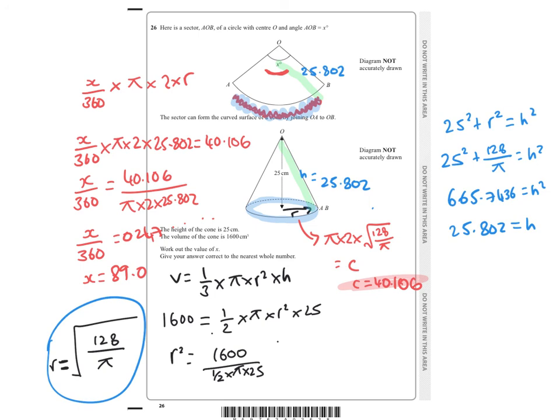Oh, look at that. You're completely right. If we go back to the beginning, what does this say here? A third, and what have I written here? A half. Okay, let me just change this. Oh, that's so annoying. Third times 25. Right, everyone, I've spotted my mistake.